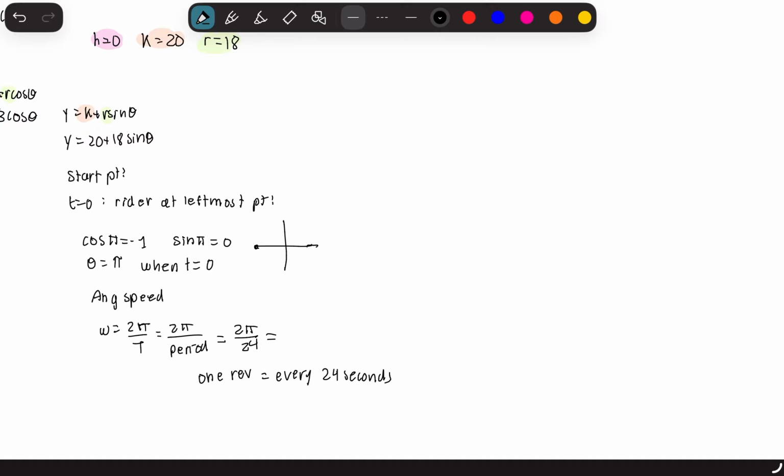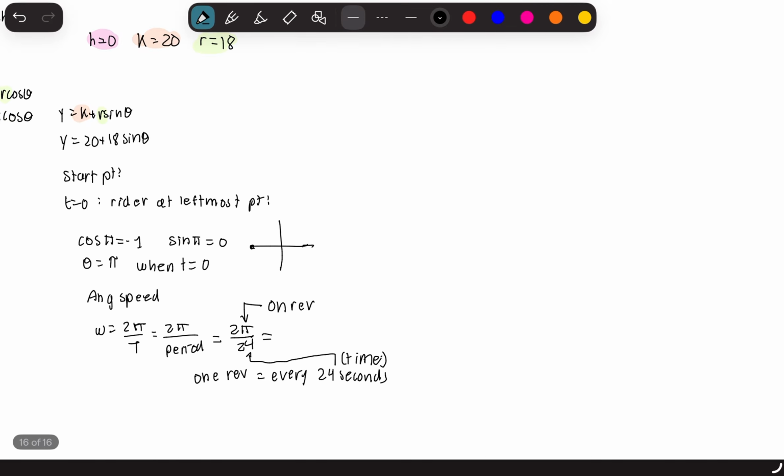So here it's 2 pi over 24 because one revolution is every 24 seconds, aka your time. So this is equal to 2 pi over 24, that's equal to pi over 12.